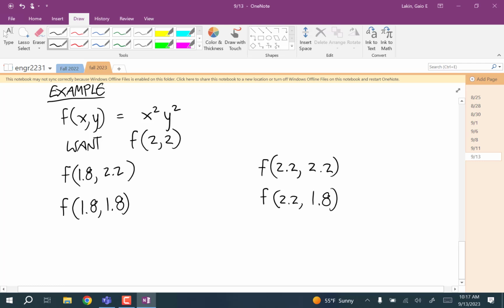So those are our 4 values, and I'll calculate those real quick. These would be like the things that you'd look up in the table. So 1.8 times 2.2 squared is 15.68, and that's the same thing as this.